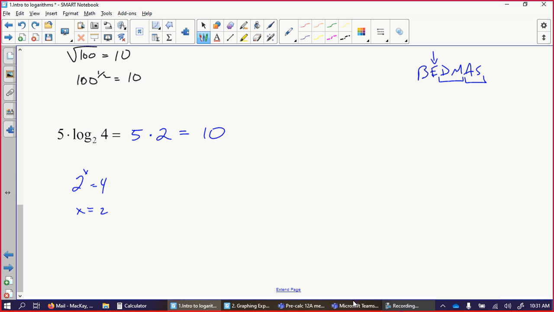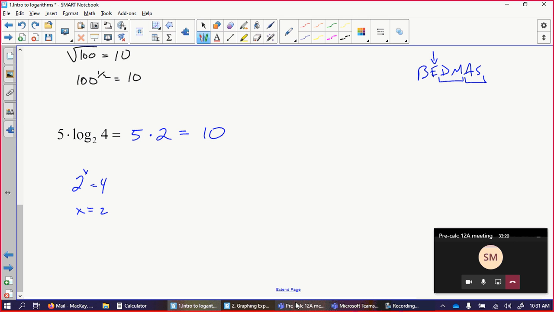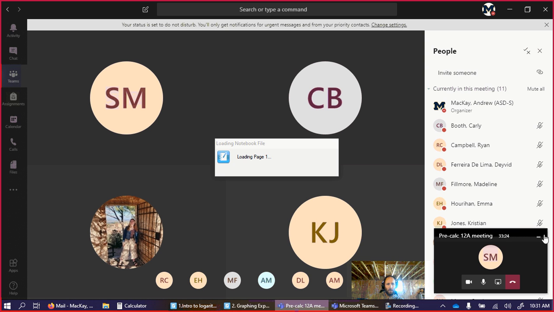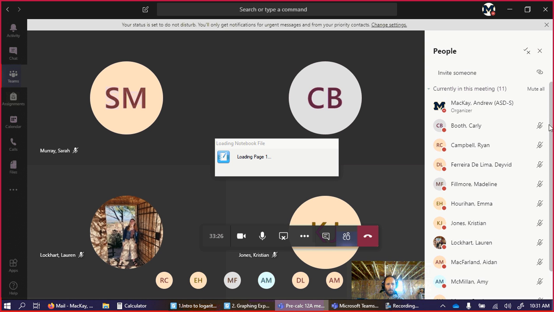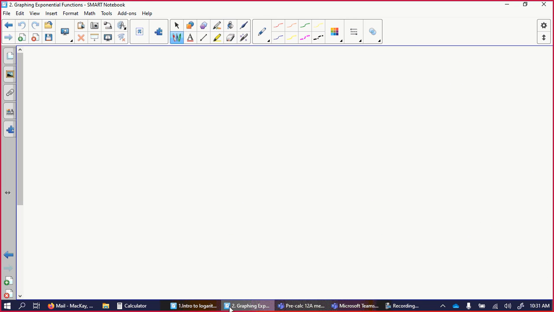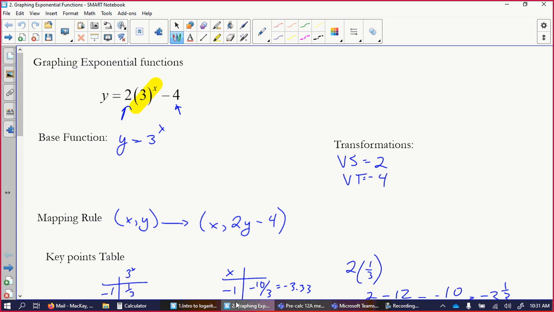Okay, good. Well, that opens. Oh, bye, Madeline. I'll post. Oh, that's graphing exponential functions. That is not what I wanted. That is not what I opened at all. Oh, there it is.